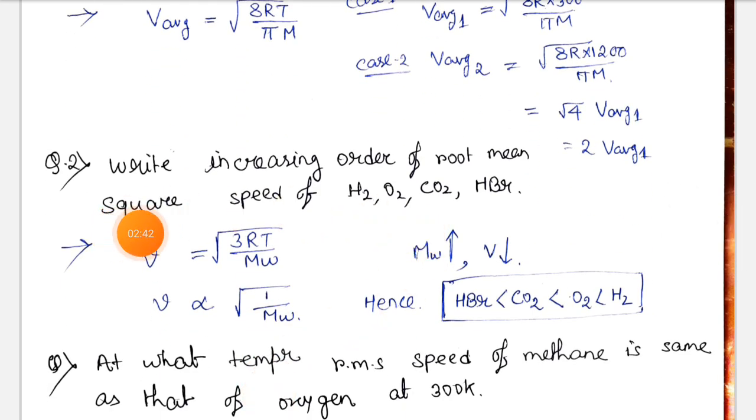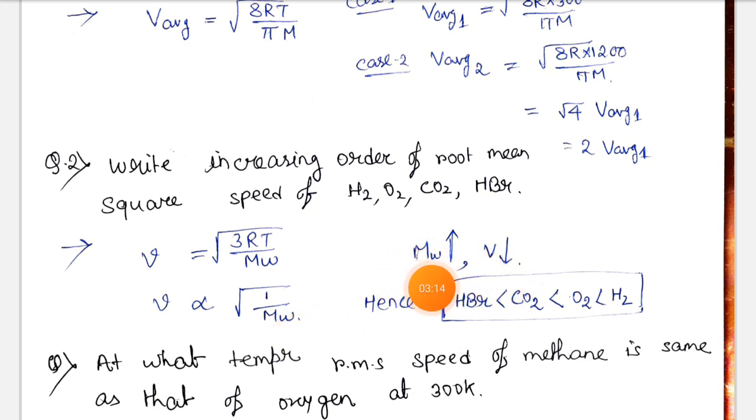Next question: write the increasing order of root mean square speed of H2, O2, CO2 and HBr. The formula is V RMS equal to root over 3RT by MW, where MW is the molecular weight of the gas. So V RMS is proportional to root over 1 by MW.